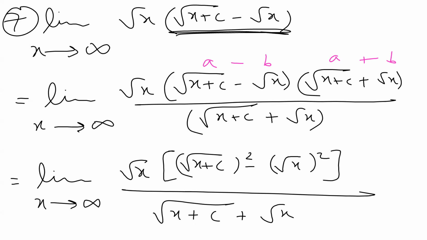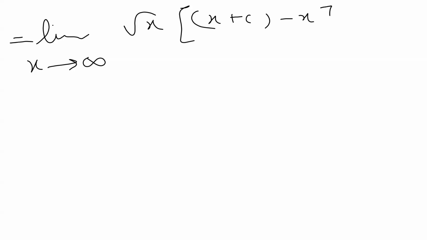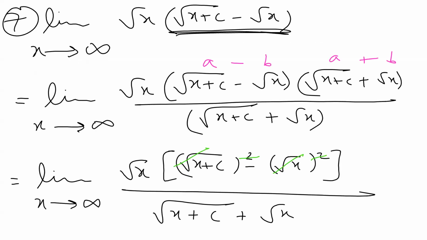Now this square and root will get cancelled. This square and this root. So in the next step, it will be limit x approaching infinity, root x plus c minus x. Square and root got cancelled.